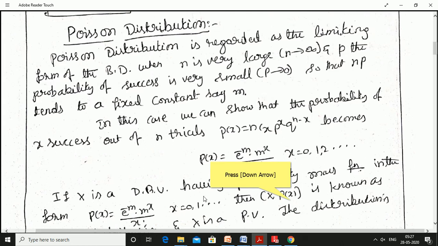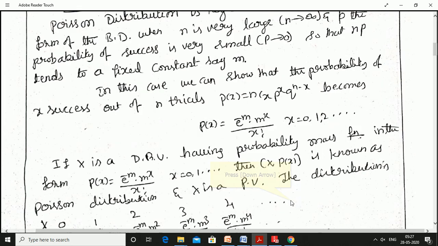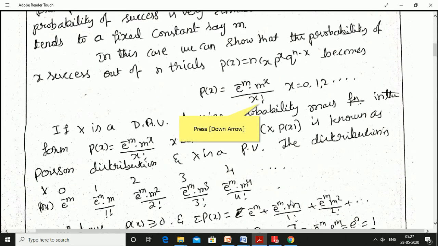If x is a discrete random variable having probability mass function in the form p of x is equal to e power minus m, m to the power of x divided by x factorial, x equal to 0, 1, 2, 3, etc., then the distribution x comma p of x is known as the Poisson distribution, and x is a Poisson variate.